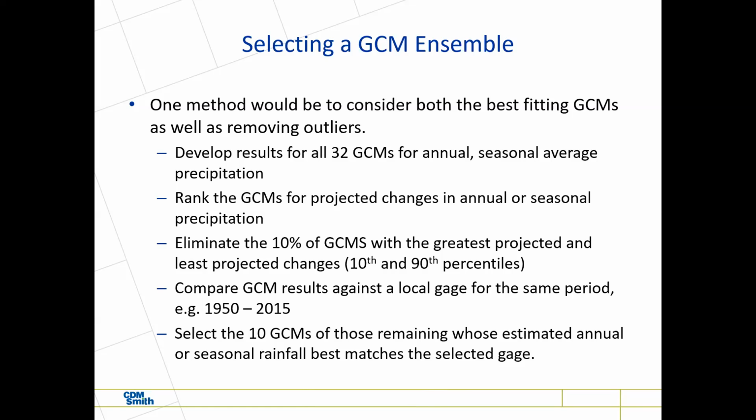So in our case, it was the Philadelphia gauge. We say, all right, how does the annual result of each model match up against the gauge data? And then you choose the 10 that do the best at matching that annual average. And then you've got 10 models that you would then use in your subsequent analysis. So that's a way of doing it.